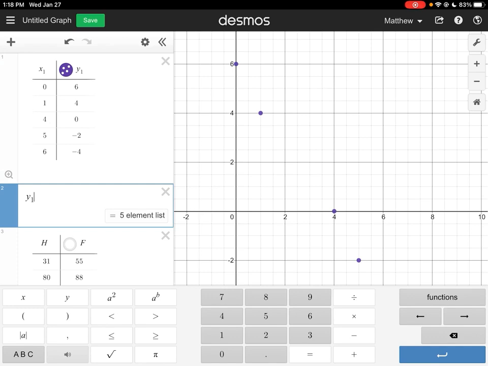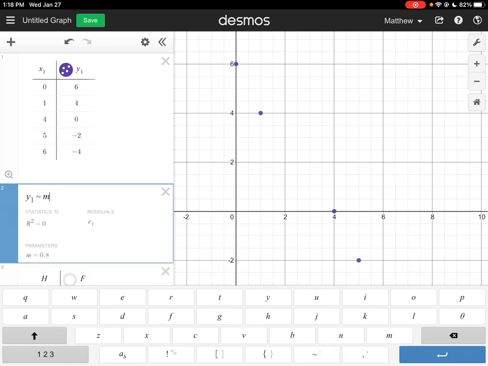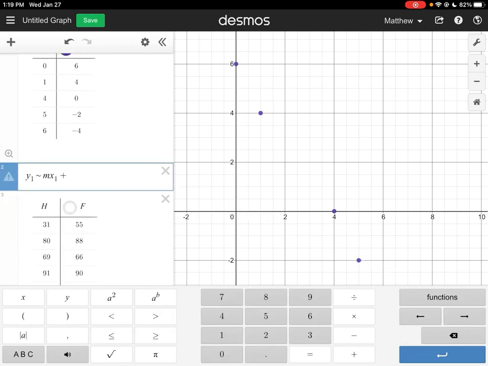Normally we would say equals mx plus b, but instead of an equal sign, the way to tell Desmos that you want to do a regression line from a table of data is to use the tilde symbol. So if you click the ABC and you see just under the B and N on the keyboard, the bottom row, there's that little wavy dash. That's the tilde. Then you just put in m for slope, and then x, but instead of x, do x1 to refer to the table, and then plus b.